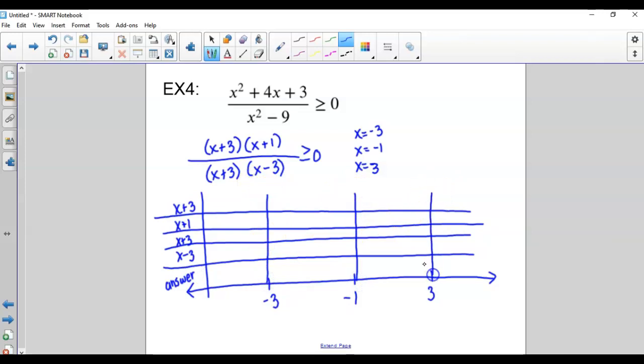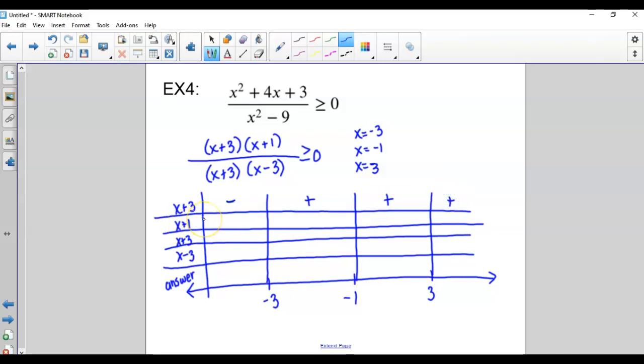Alright, so if we're checking each section, if we pick a number below -3, right here, like -4, -4 plus 3 is negative. And then between -3 and -1, maybe like -2, -2 plus 3 is positive. And then any number larger than that, like here we have 0, 0 plus 3 would be positive and positive.